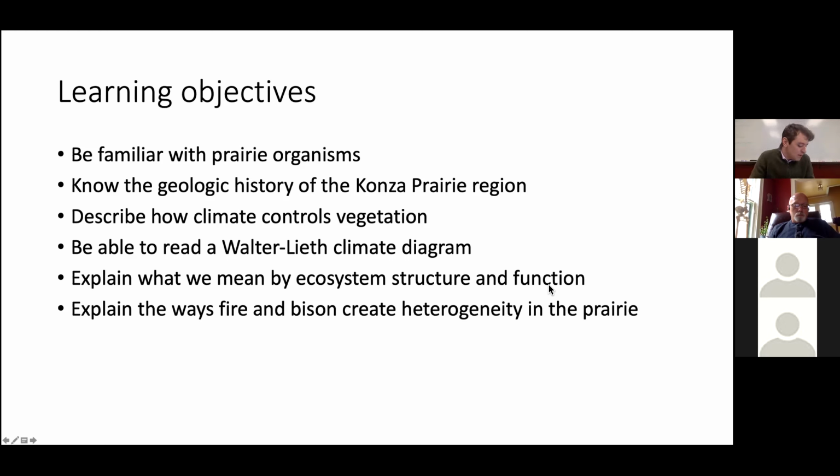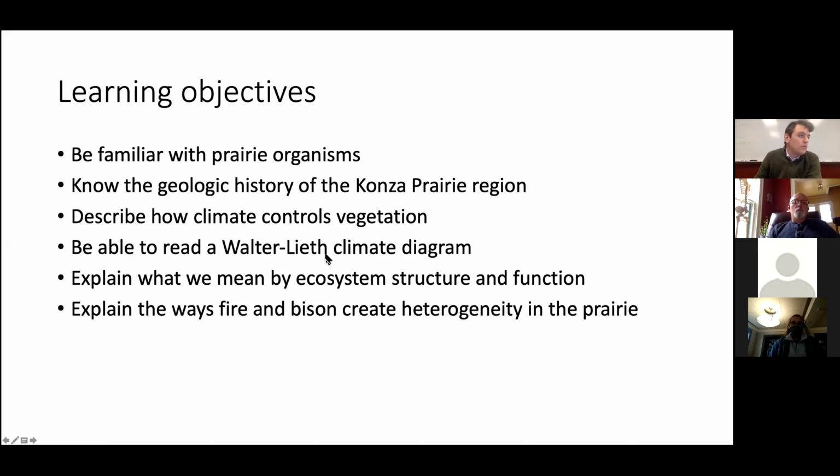And the three big things that we'll focus on within this sort of broad umbrella of ecosystem structure and function is the diversity of organisms, both the plants, the producers, and the grazers like bison. Diversity of organisms, climate, and fire, and the role of fire in the prairie.